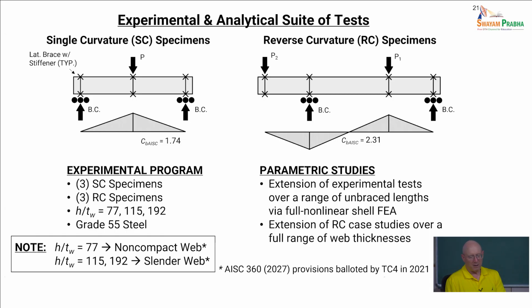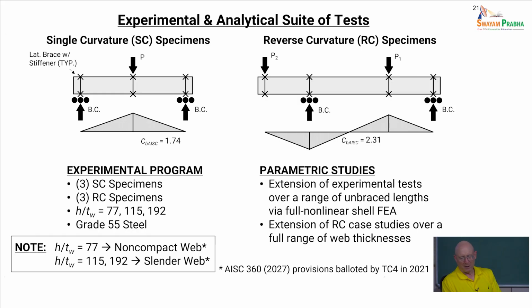For each of those tests, we had specimens with a range of H over TW. These are doubly symmetric sections here, so H over TW is the same as HC, HCY, HP.